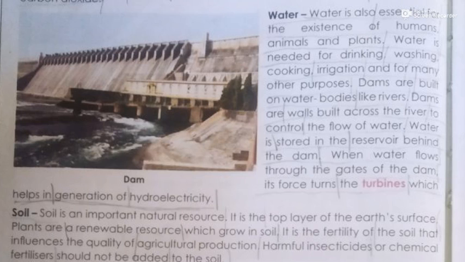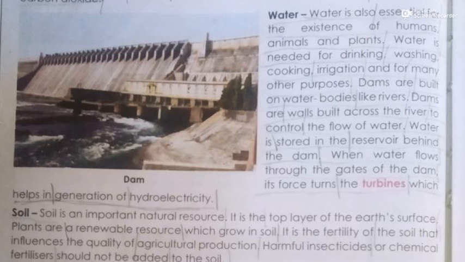So normally you can see everywhere there are a lot of dams and water bodies we built for ourselves to keep the water safe for our continuous use. Water is stored in the reservoir behind the dam.